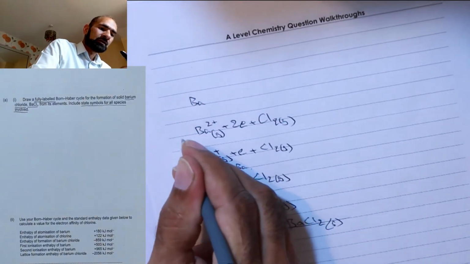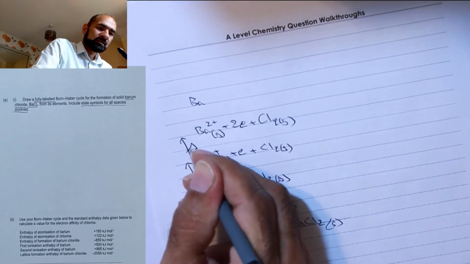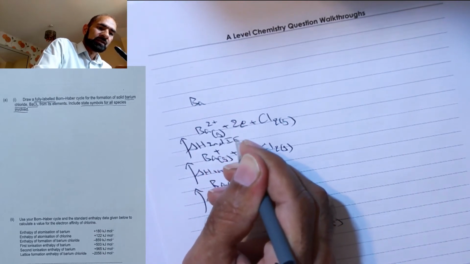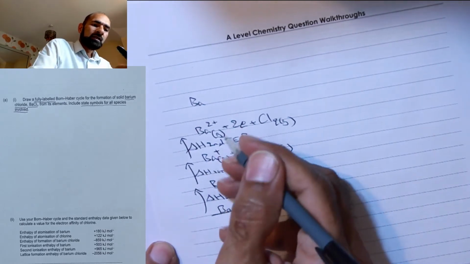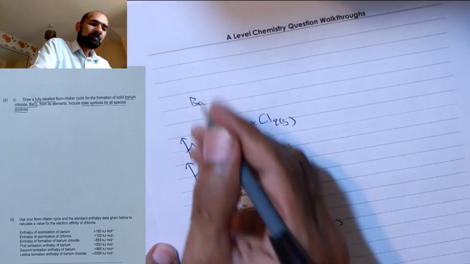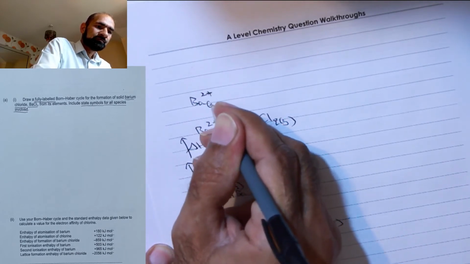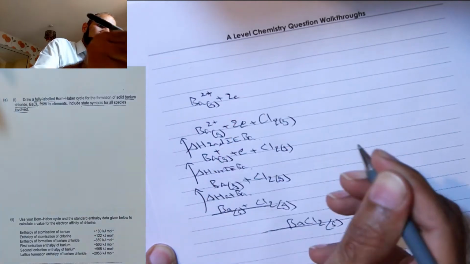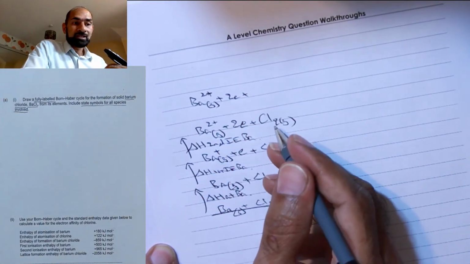Oh look, I've not done the step. I've not labeled this step. So this is delta H, second ionization energy of barium. Okay, now going back to that as well. So barium, nothing's happened to barium. It's ready to react. It's just waiting very patiently for the chlorine to get ready. Okay, and plus, and then what's happened to the chlorine? It's been atomized.